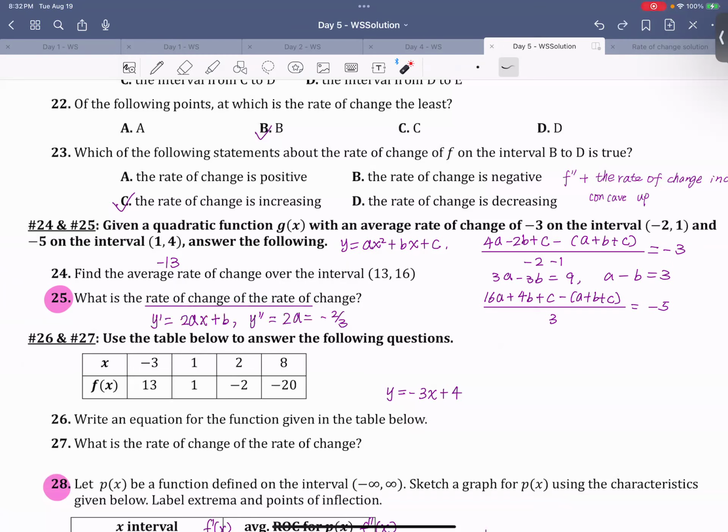Okay, maybe this number is too big. Okay, I think this part is not hard, just tedious.